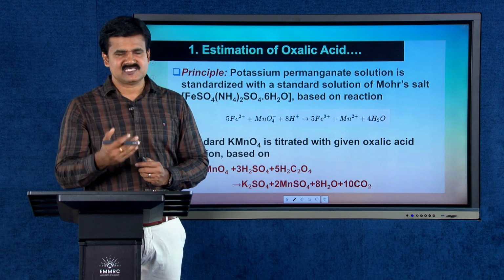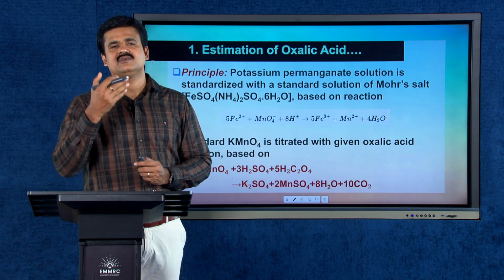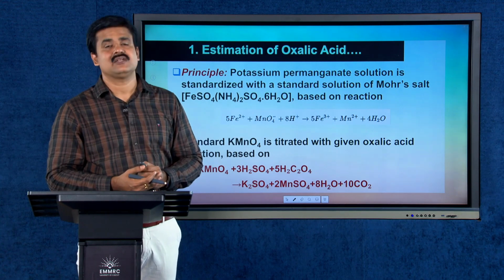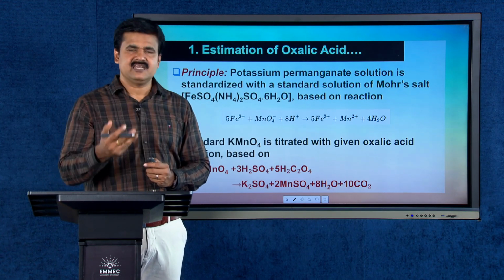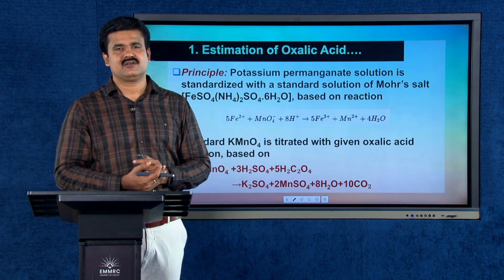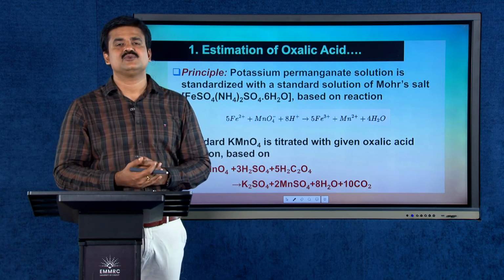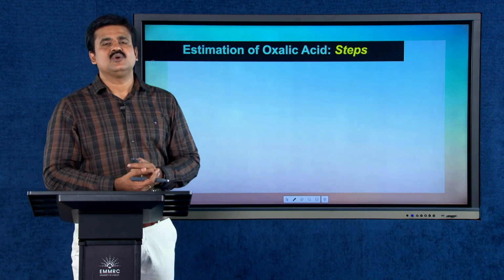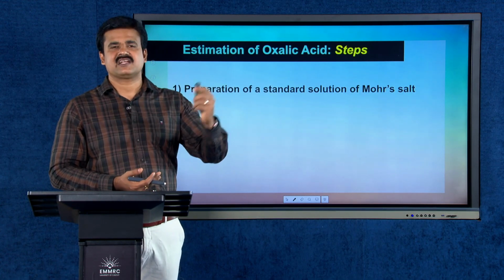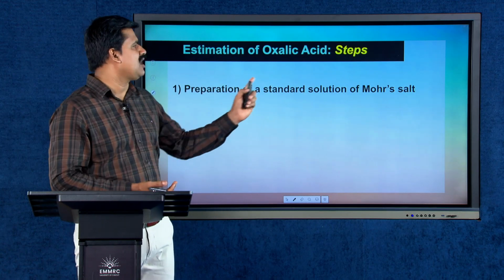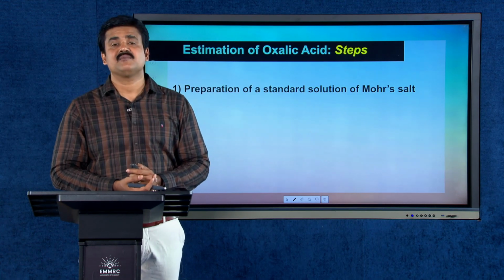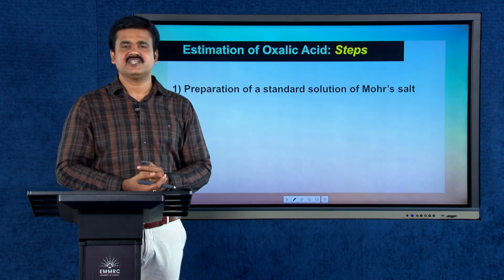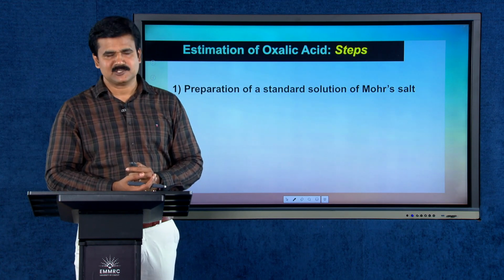So, this is about the procedure. First of all, you have to standardize the given KMnO4 solution by using a standard solution of Mohr's salt, and then that standardized KMnO4 is titrated with oxalic acid to estimate the oxalic acid present in the given solution. So, these are the various steps. This is for consolidation. In the first step, you have to prepare a standard solution of Mohr's salt by weighing out some fixed quantity and transferring it into a conical flask and then making it into a standard solution.